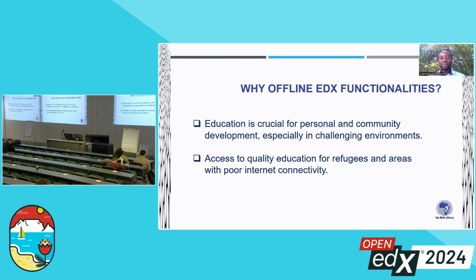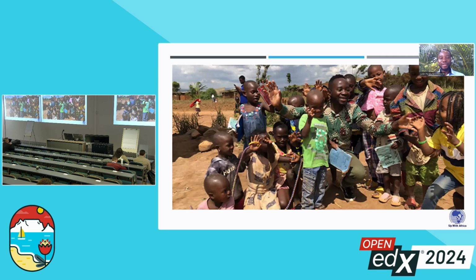So it would be nice to improve the platform so that people can access it offline. I know with technology everything is possible, and with all the engineers listening to me, they can come up with a solution and find a way.